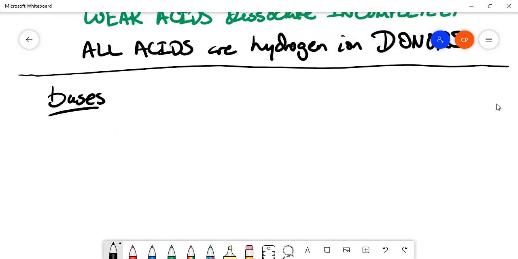Bases tend to be a bit more obscure. I do think there's one base that most of you recognize. Typically, when we take HCl in a reaction setting and we neutralize it, that neutralization of HCl is with what compound? We neutralize hydrochloric acid with what?